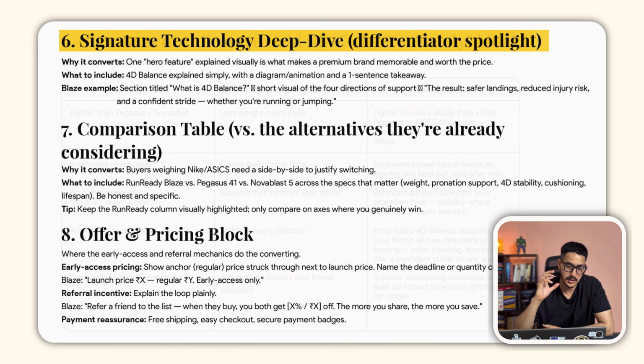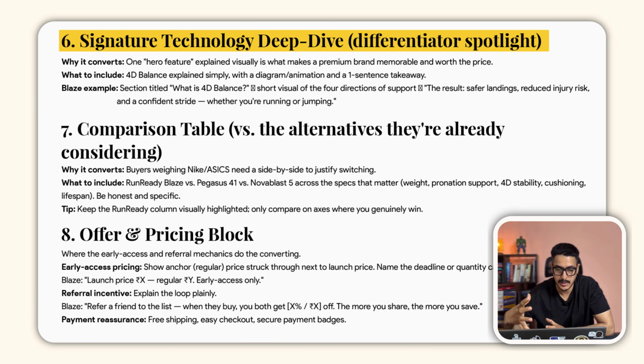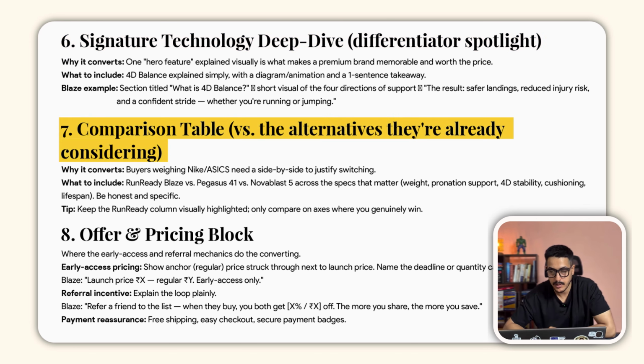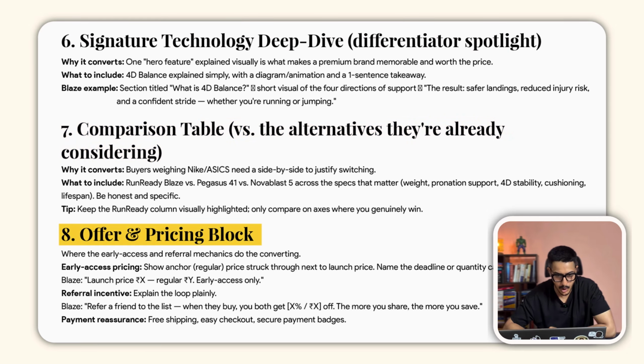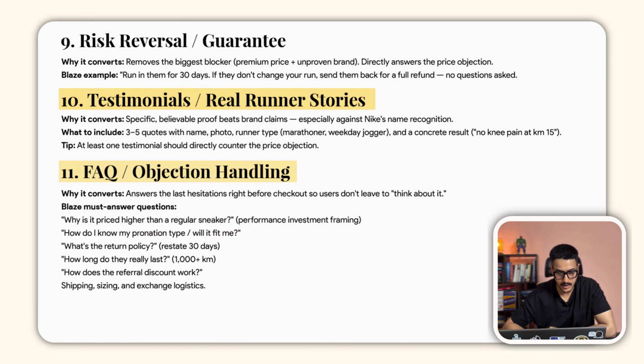Then it talks about the signature technology, which is the 4D balance of the shoe that we have. It wants me to deep dive on that technology. Then it wants me to show a comparison table of the other popular shoes. Then the offer and the pricing block. What is the early access pricing? What is the incentive you get for referrals? The risk reversal, which is refund in 30 days. Testimonials, FAQs, and more of that.